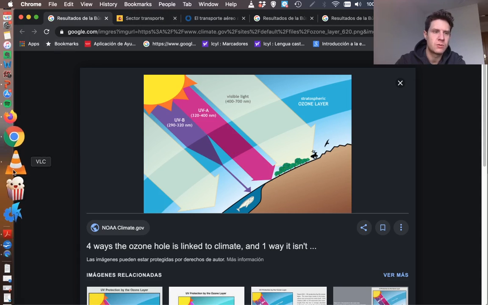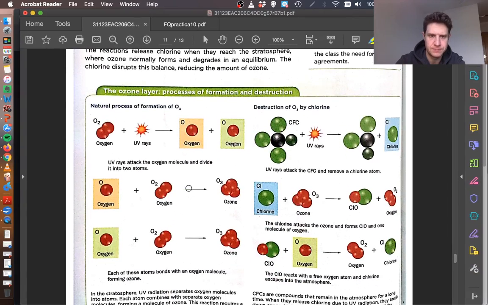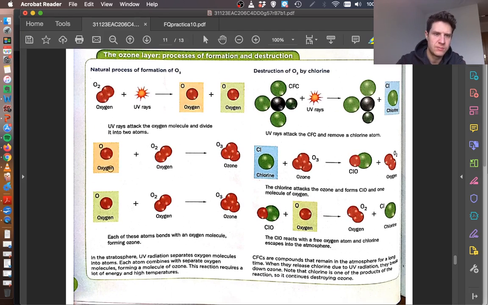So what we need to learn here is the reaction. Very easy. Oxygen with UV rays is divided in two, and this single atom meets another one with two and generates ozone.